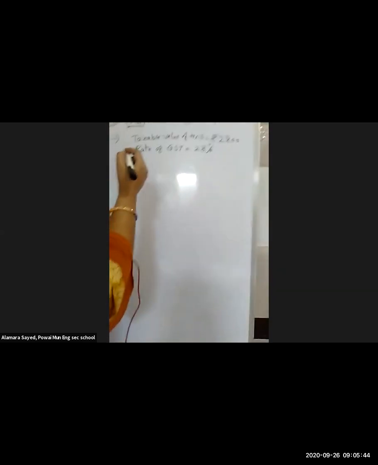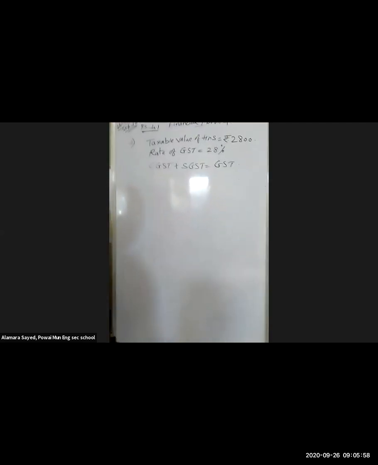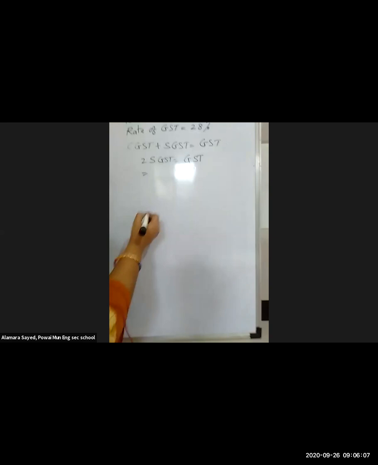So here CGST plus SGST is equal to GST. Now twice SGST, we can say that twice SGST is equal to GST, that is SGST is equal to how much percent GST is given? 28.